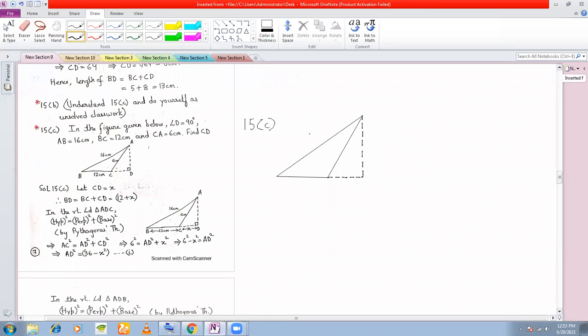What are the lengths given here? It is given that angle D is 90 degrees. This 90-degree angle is given here. This is 16 centimeters, this is 12 centimeters, this is 6 centimeters. Right? Fine. Now all this is given to you, and we need to find out the length of CD.